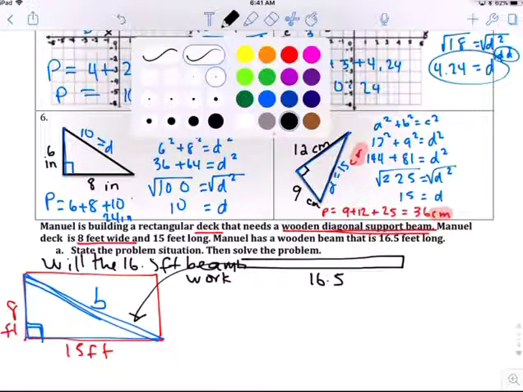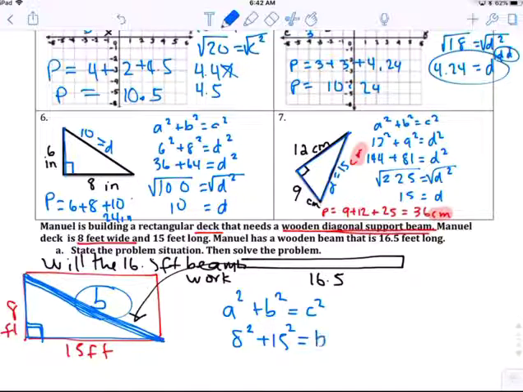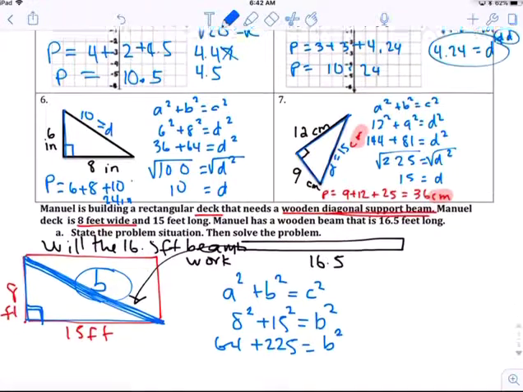Let's do a squared plus b squared equals c squared. 8 squared plus 15 squared equals, this here is the beam squared. 64 plus 225 equals the beam squared.